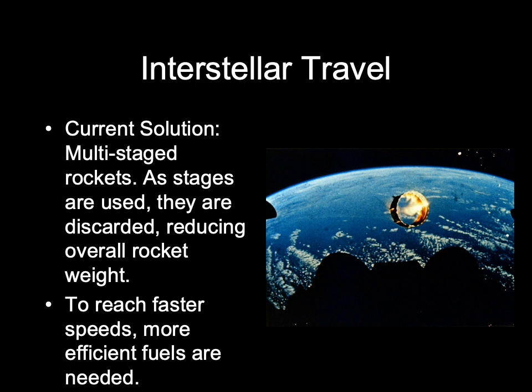And then, as stages are used up, as they use up the fuel, you discard that part of the rocket that has the fuel. So, this is an image from Apollo 6, which was one of our early missions trying to figure out if we could get to the moon, launching one of its stages away after the spacecraft had achieved Earth orbit. And so by discarding the overall rocket weight, you can actually increase your speed.